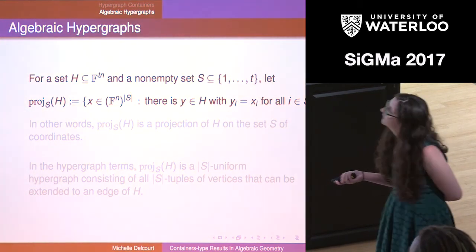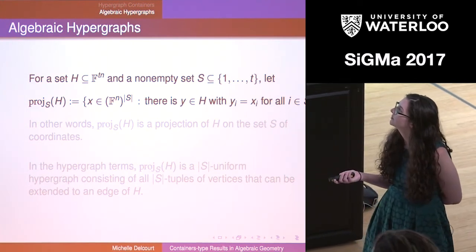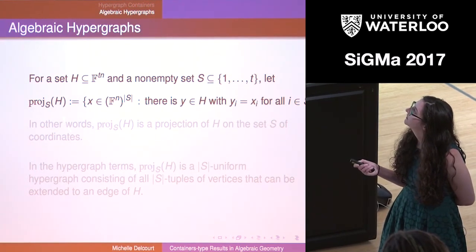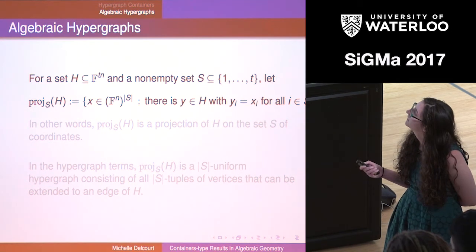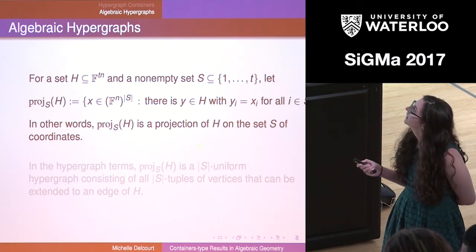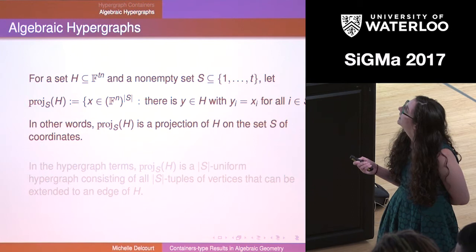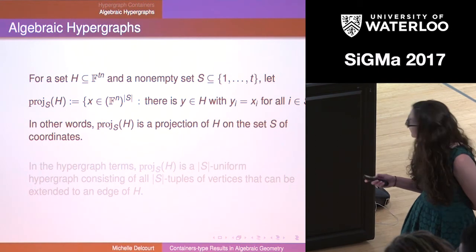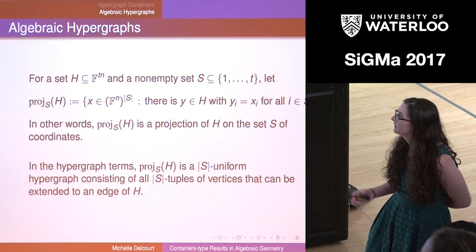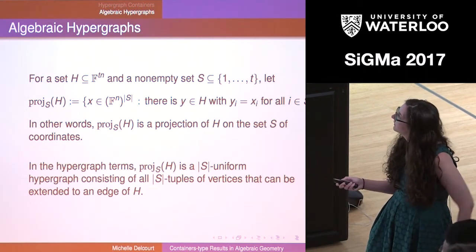And so in general, instead of codegrees here, we're going to be thinking about projections. So here I'm thinking of this as a T-uniform hypergraph on ground set F^n, and H a non-empty subset of this. So we're going to define the projection to be the projection of H onto the set of coordinates S. So here, we're going to take the x's where y is in H with y_i equal to x_i for all i in S. So in hypergraph terms that I'm more familiar with, we call them fiber hypergraphs or shadow graphs.